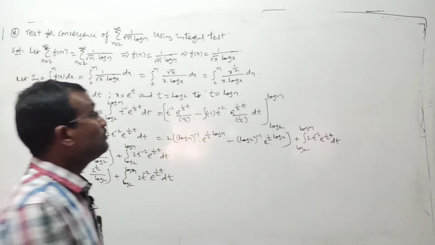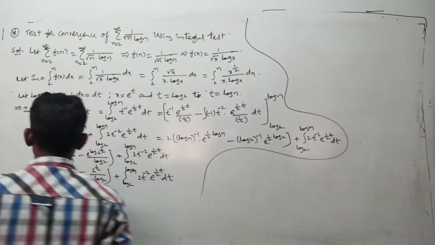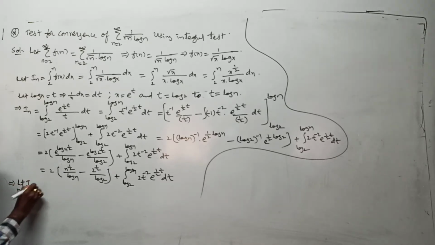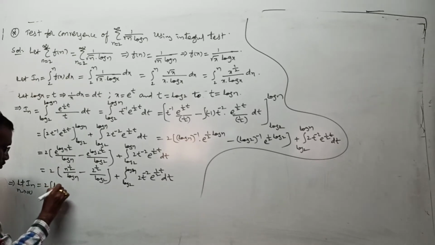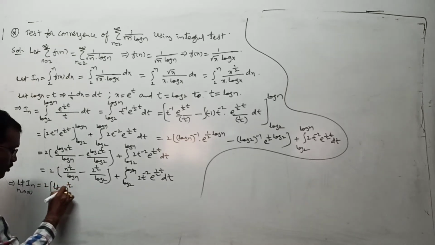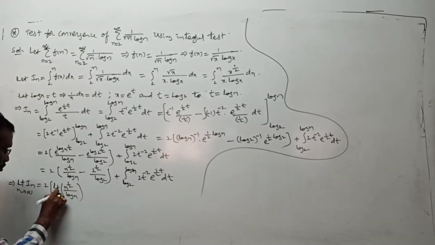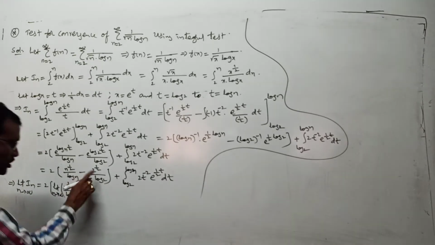Now let us go for limit as n tends to infinity, ma, right? This is in simplified, na. Now let us proceed. Limit as n tends to infinity. 2 into limit of this, ma, limit n to the power of 1 by 2 whole by log n as n tends to infinity, minus this, ma.